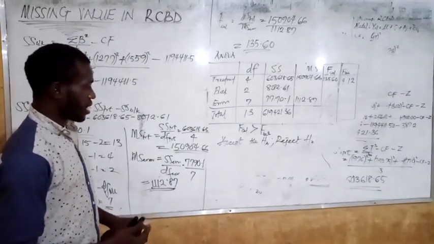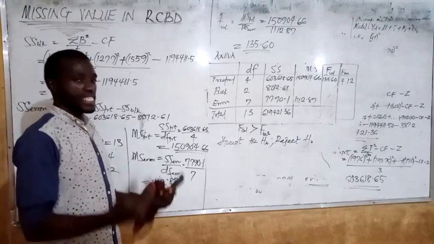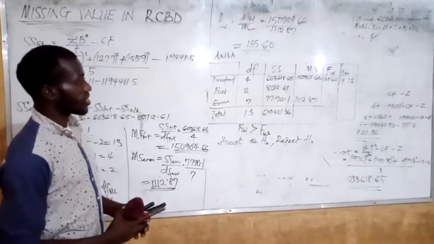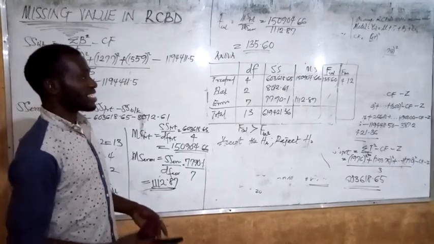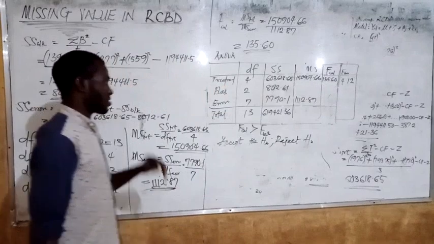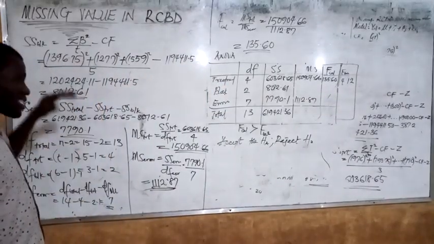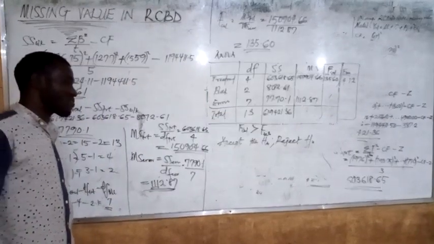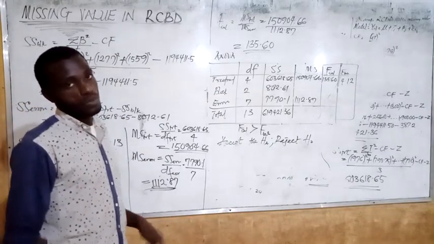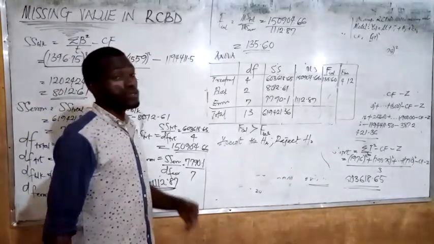And if you are now asked to check for where is the significant difference, in my opinion, seeing this value alone should tell us that the treatments are very, very different from each other. So all of them have significant differences.